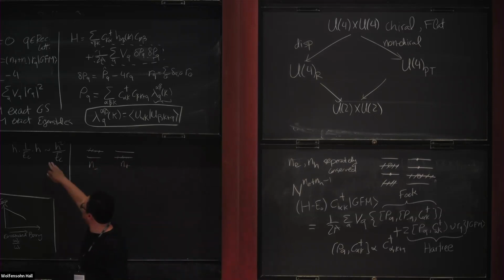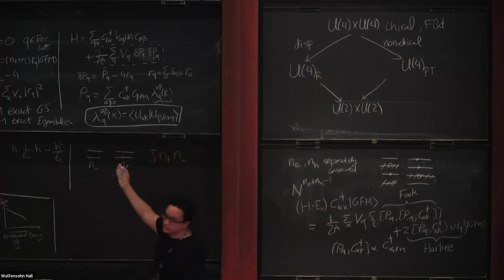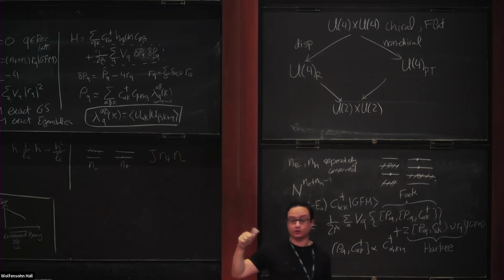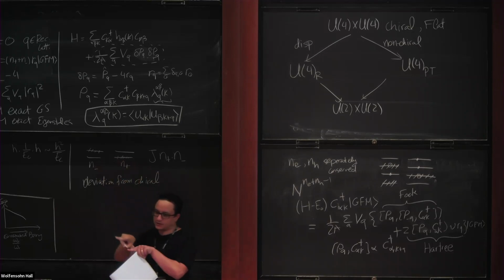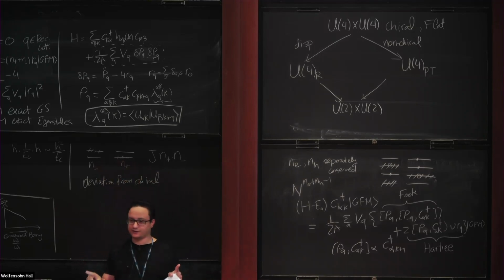Now, this correction will be an antiferromagnetic coupling between these two vector order parameters, while the other corrections, the deviation from chiral, turns out to be antiferromagnetic when the vectors are in plane and ferromagnetic out of plane.